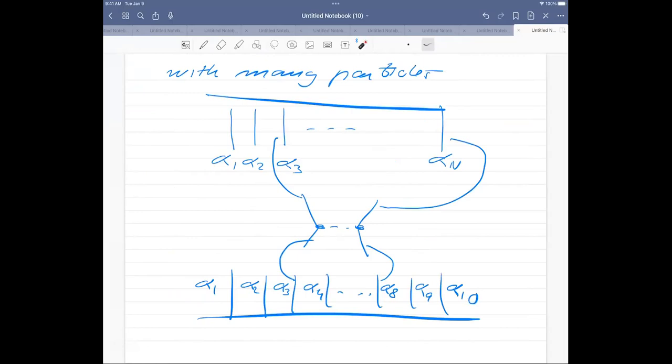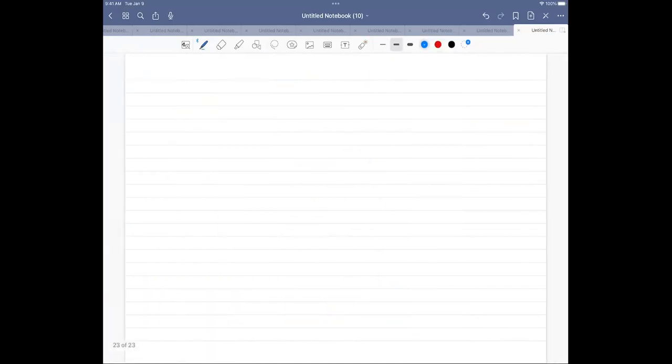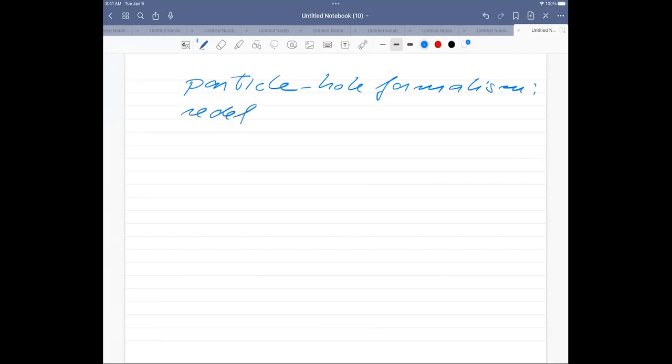And what we will deal with now, and that's the next piece which we are beginning with tomorrow, is the particle hole formalism, where we redefine the vacuum. So that is basically redefining the vacuum state.